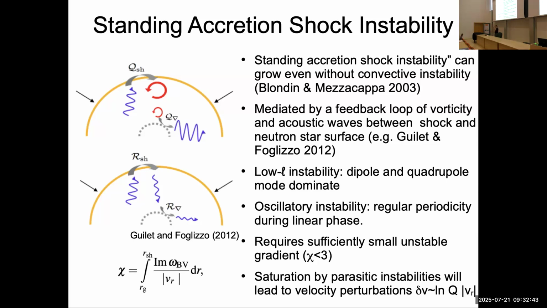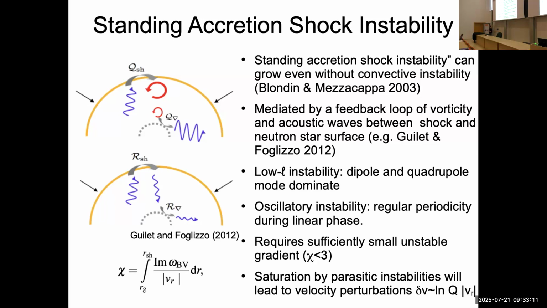The acoustic wave then travels out and perturbs the shock, and if conditions are right, you can get a positive feedback cycle and an instability. The interesting thing is, as I said before, this has nothing to do with the fact that you're heating the material. In fact, if you heat the post-shock region too much, then you will probably disrupt this cycle by the convection.